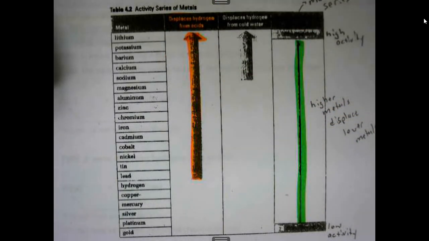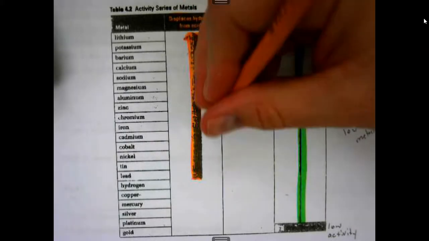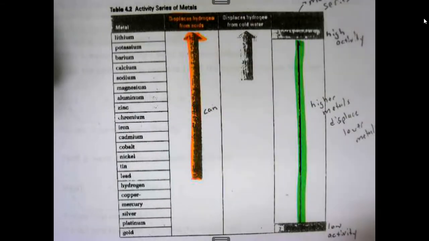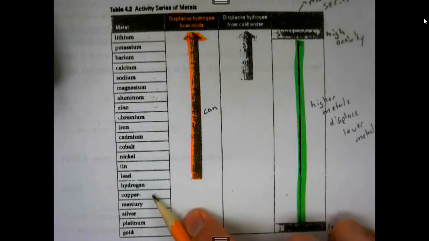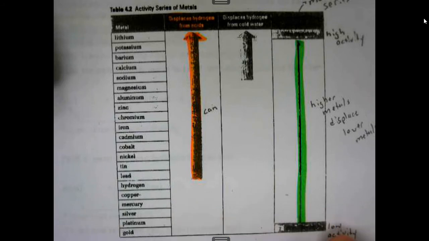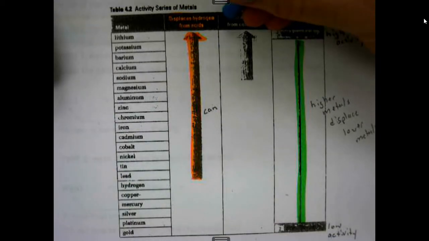Now it's not height, it's simply whether they can. Anything within this arrow can. So the first one here would be lead, and then everything above lead can. But hydrogen cannot, copper cannot, mercury cannot, and so forth. Okay? And the other bit of this is, can it displace from cold water?